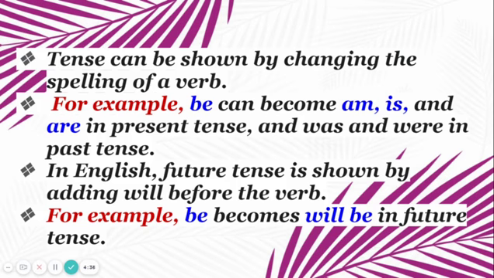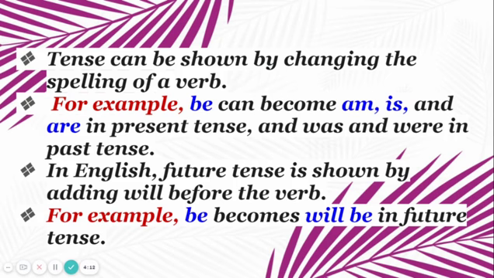Again, I will repeat, be can become am, is, or are in the present tense. But in past tense, it becomes was and were. So tense can be shown by changing the spelling of a verb.